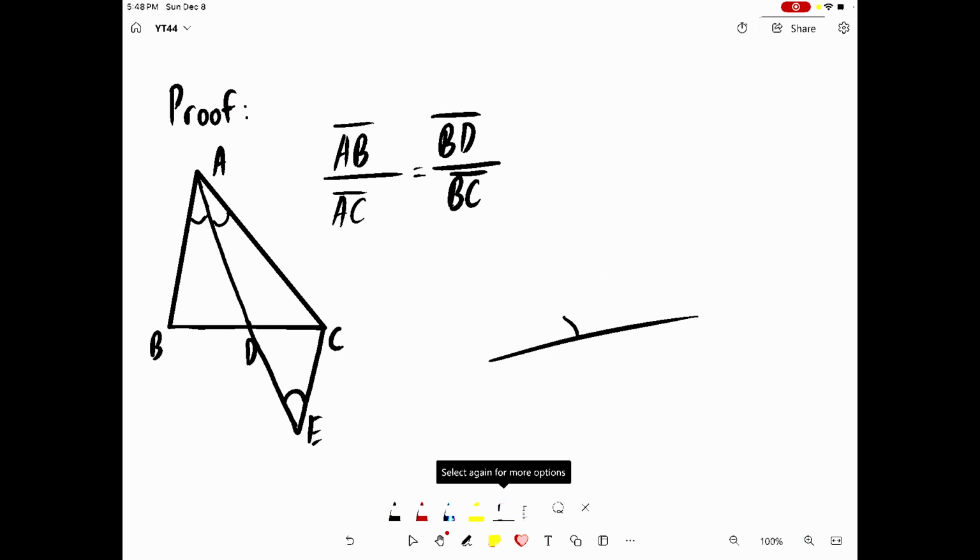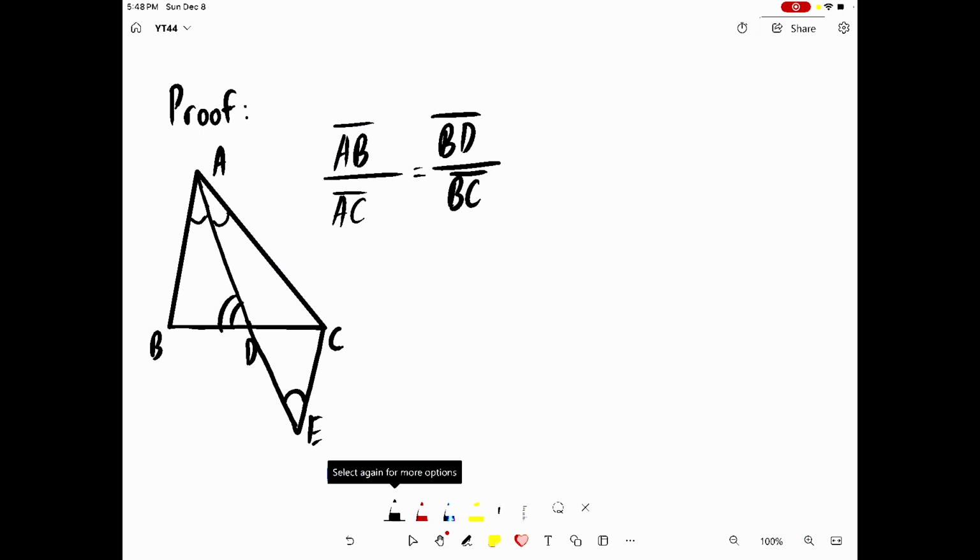Now the second angle: since angle BDA and angle EDC are vertical angles, they're also equal to each other. Since two angles are equal, the third angle is also equal. So now we have proved that triangles ABD and CDE are similar.